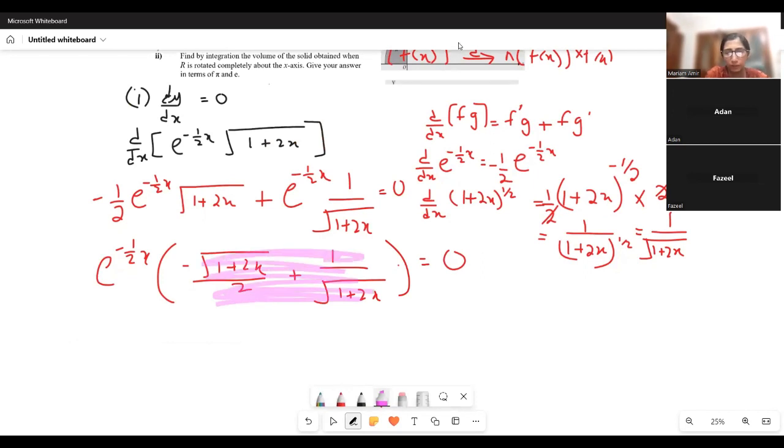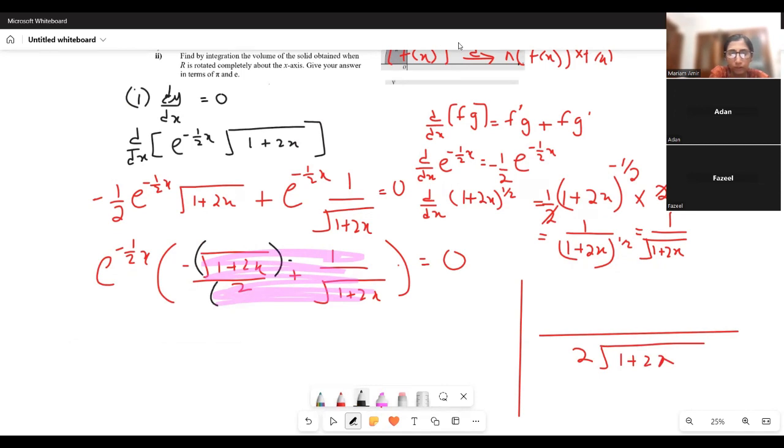I'm going to do that here. Okay, so we take the LCM, that's going to be 2 radical 1 + 2x. With this we multiply radical 1 + 2x, so we have negative (1 + 2x) radical squared, because the bracket comes twice, and then plus 1.